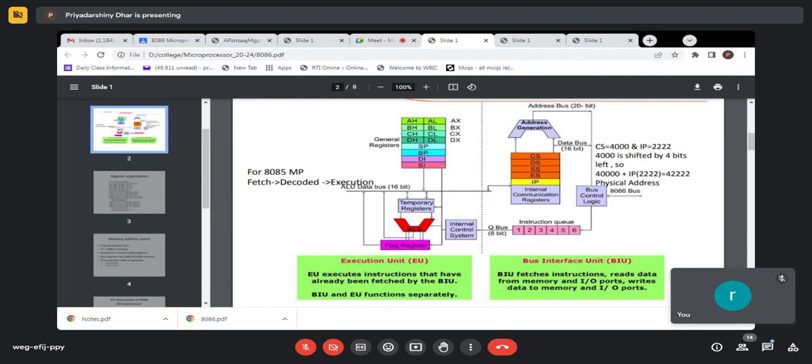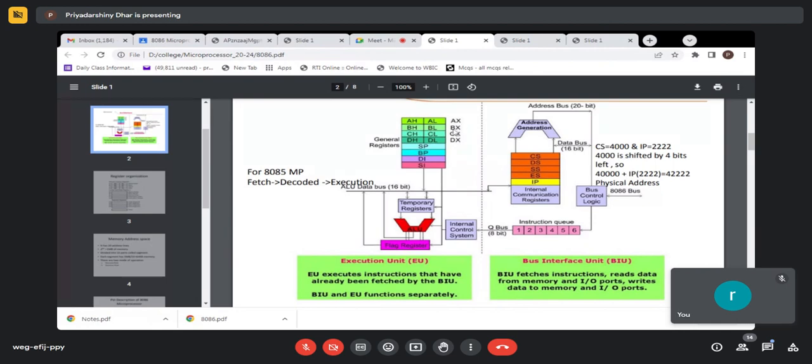Now, next part is our execution unit. This execution unit basically consists of registers. This is the general purpose register AH, AL, indicating AX. AX indicates this is 16 bit.